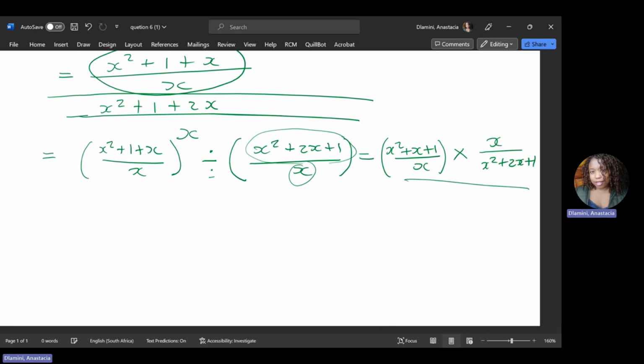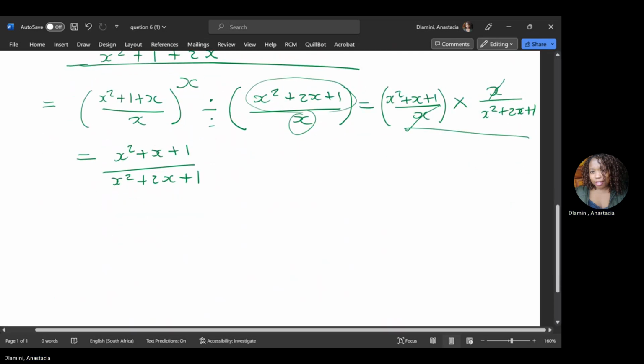Now from this term, we can see that this x cancels that x over here. So then this becomes (x squared plus x plus 1) over (x squared plus 2x plus 1).